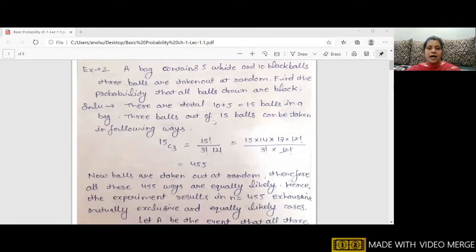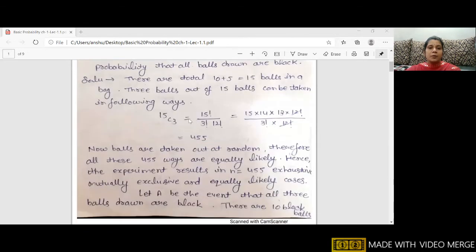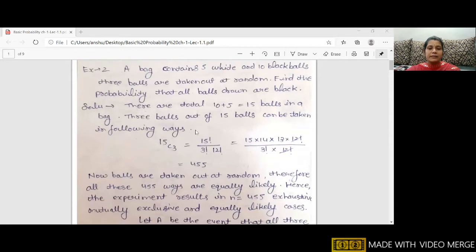3 balls out of 15 balls can be taken in the following ways. So what is the probability? The total number of cases: the total number of balls is 15 and 3 balls are taken out at random. So here 15C3.